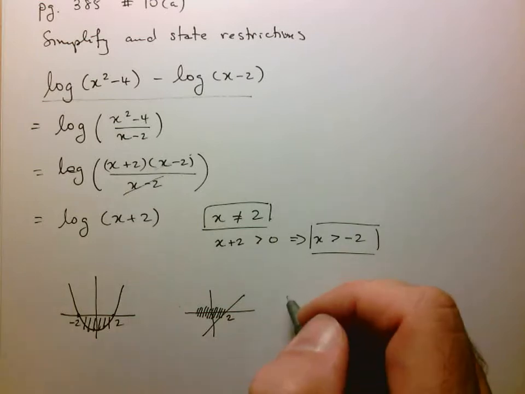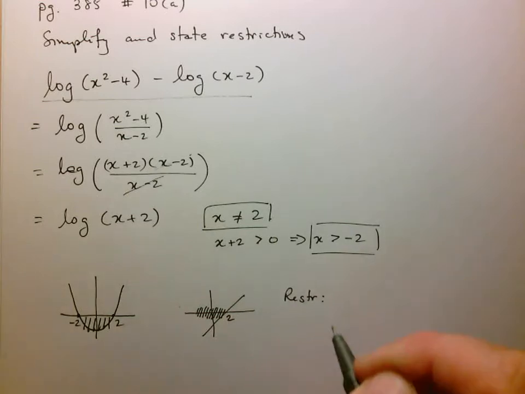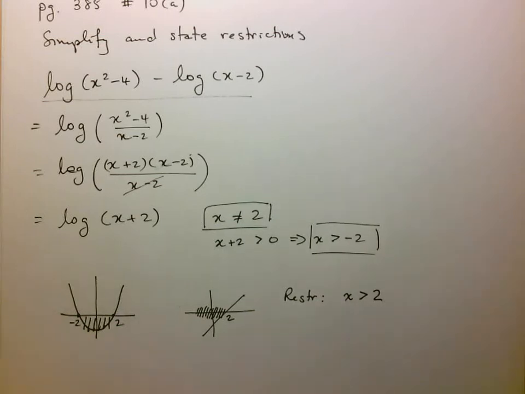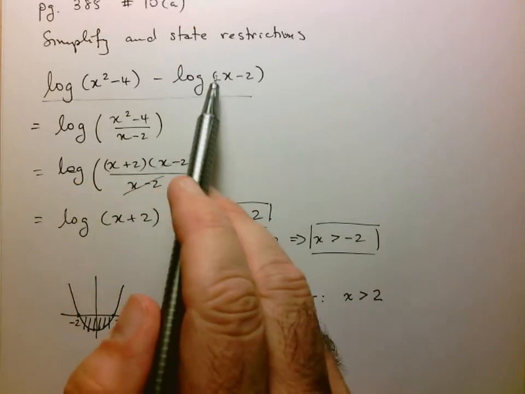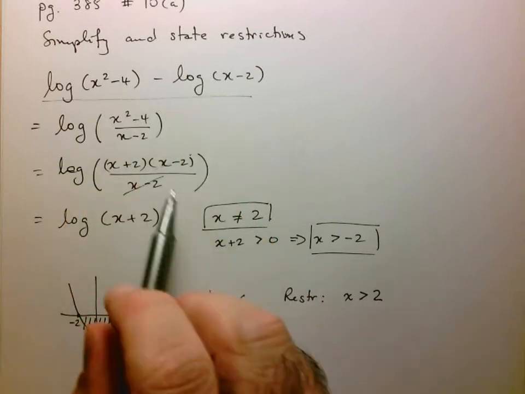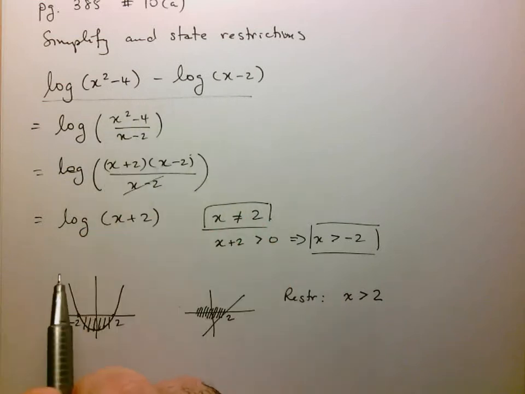What we need here, our restrictions, is that x has to be strictly greater than 2, because anything less than 2 will make both of the two original expressions not exist, and of course when it's equal to 2, these won't exist either.